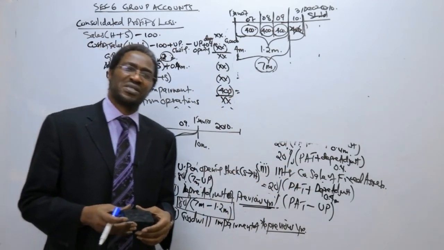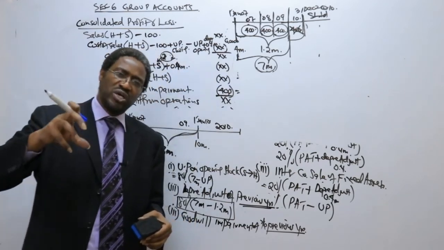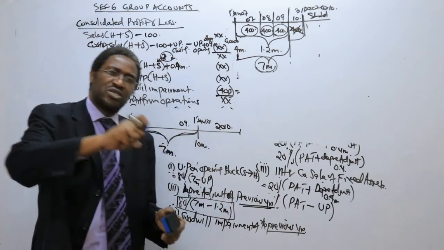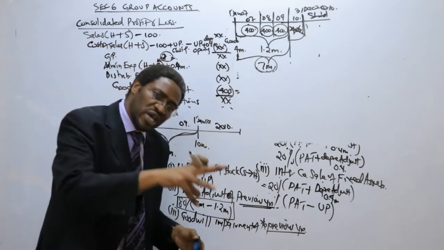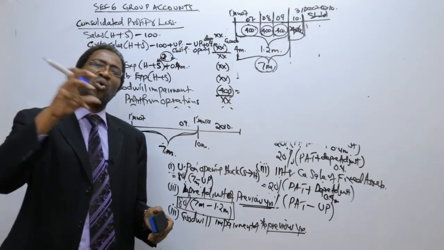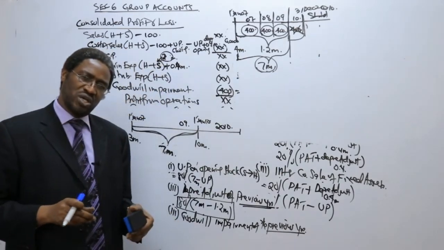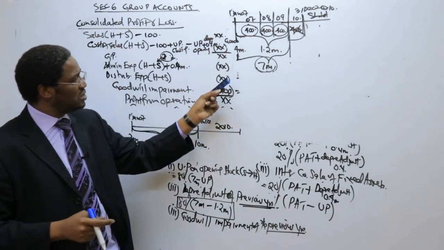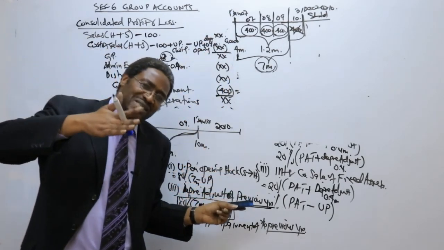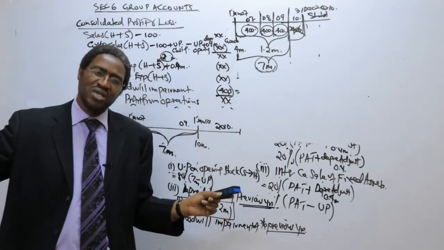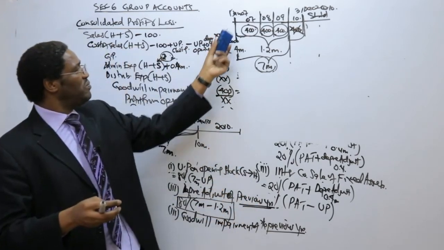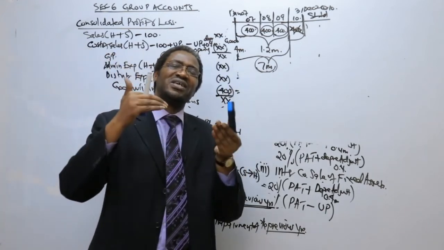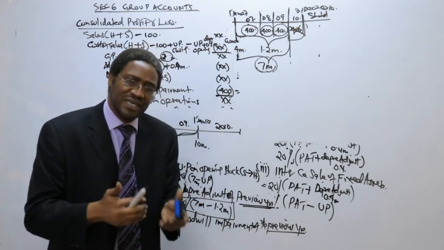at 80%. When you are calculating goodwill, I know you know from group accounts, you normally use your percentage of control. If you control 80, you normally use 80% to calculate the goodwill. So that goodwill that you acquired, when you were acquiring that subsidiary company, being that you used 80% shares to calculate that goodwill, and you got a goodwill of 4 million, it means, and you know in group accounts, that goodwill is equivalent to 80%.